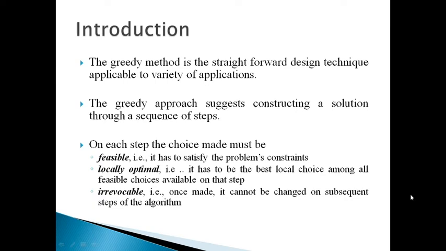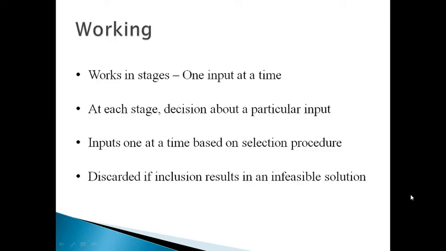Locally optimal: within all the choices, we need to get the best choice, that is locally optimal. Irrevocable: at one step we made some decision, in further steps it will not be changed, that is irrevocable. So at each step, these three criteria must be followed.